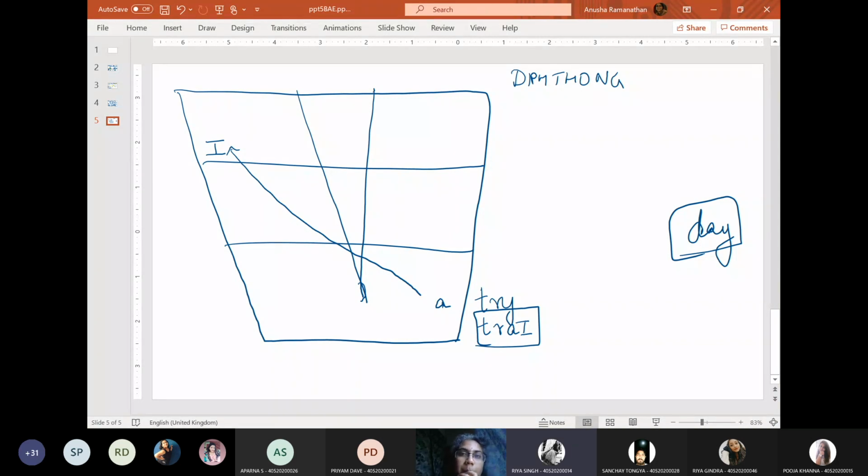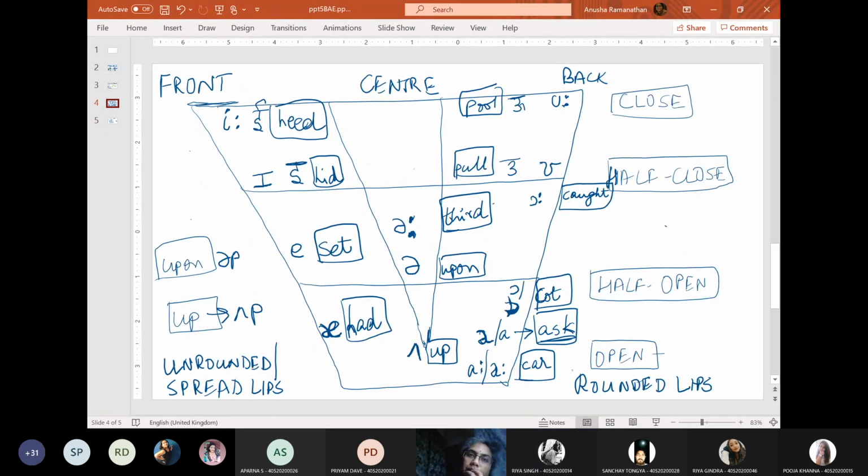How do you pronounce day? I'll go back to this and think of which are the sounds for day. Does day have anything in the back? No, nothing in the back, because it doesn't have ooh. Can it be from a? Does it have any of these sounds? A, d, a.